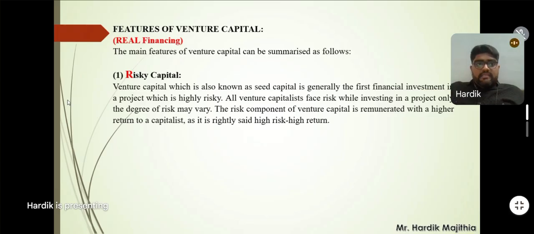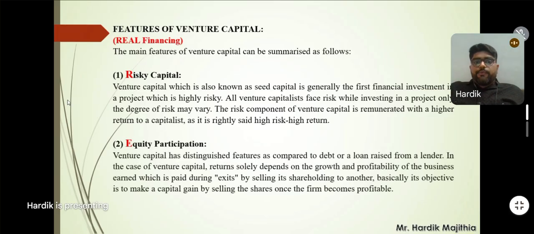Second is E. E stands for equity participation. Now, venture capitalists give capital to early stage businesses. But what are they expecting? They are expecting equity in relation to their capital. So, venture capital has distinguished features as compared to debt or any kind of loan raised from a lender.